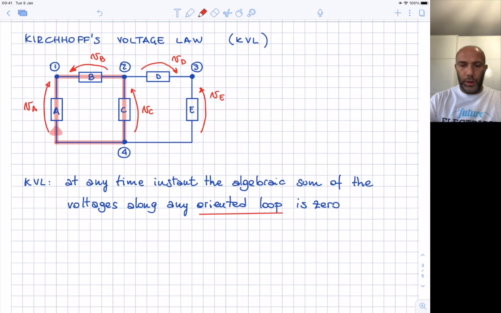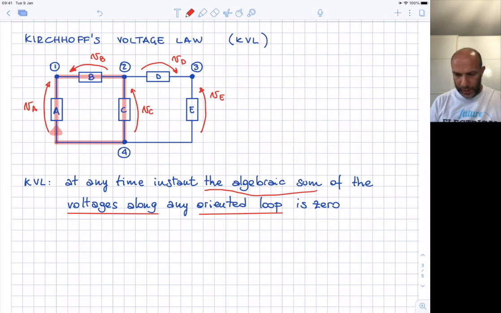So, in order to write down the Kirchhoff voltage law, we have to define the voltages along this path. In this case, in this path we find VA, VB, and VC.